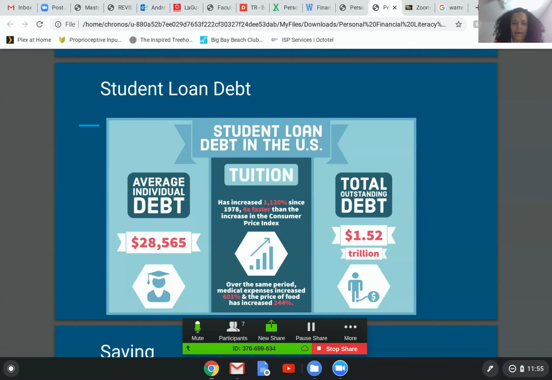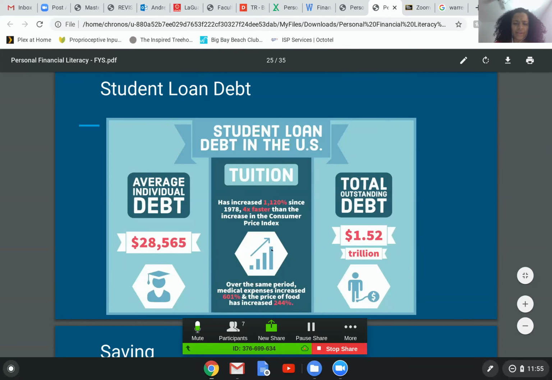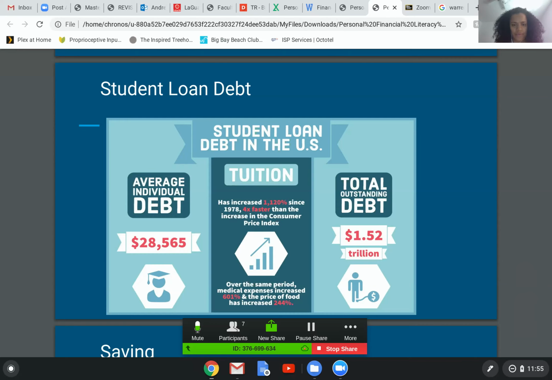And tuition has gone up exponentially. I'm sure you guys can attest to this. The cost of college has gone crazy over the past 30 or 40 years, and you might say this is maybe the greed of the administration or the school. What I can tell you is it's actually a little more complicated than that.